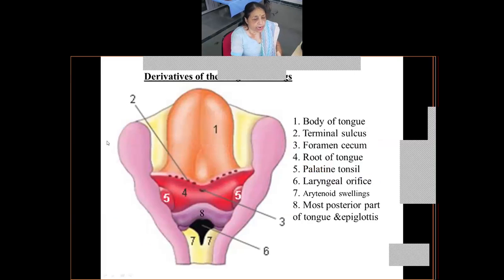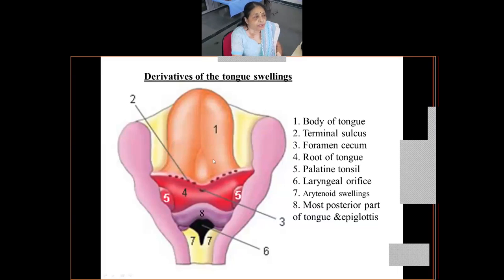Now the tongue is developed already. This part is developed from the first arch, and will form the body of the tongue, the anterior two-thirds. This is the third arch, from which the posterior part of the tongue develops, and this is the fourth arch, from which the most posterior part of the tongue develops, and then it forms the epiglottis. At the junction of the anterior two-thirds and the posterior one-third, there is a sulcus known as the terminal sulcus.